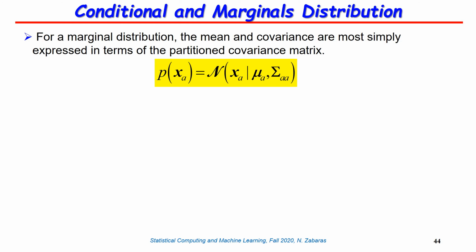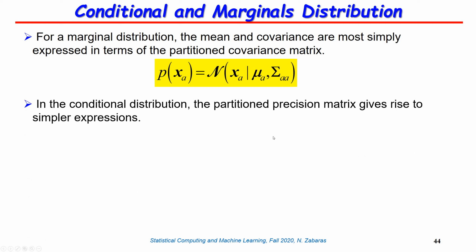Of course, we can see that this expression looks very simple in terms of the covariance matrix. If you want to write sigma AA in terms of lambdas, we gave this in the previous slide, but this is actually the easiest expression that you may want to use.